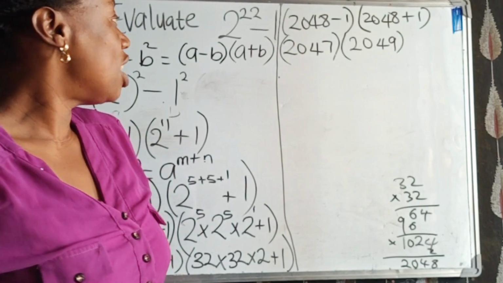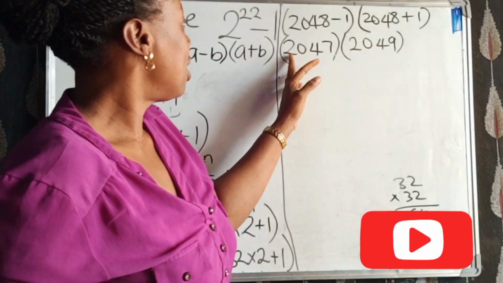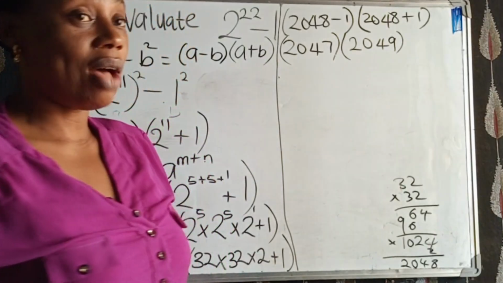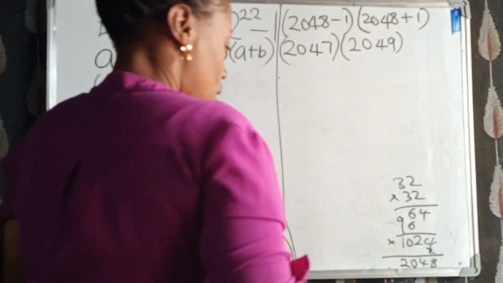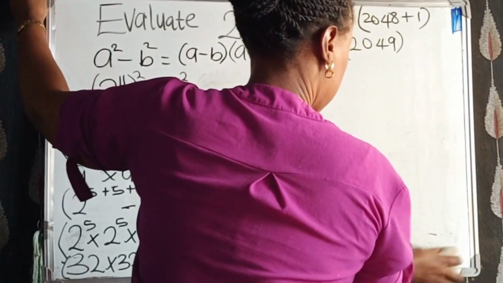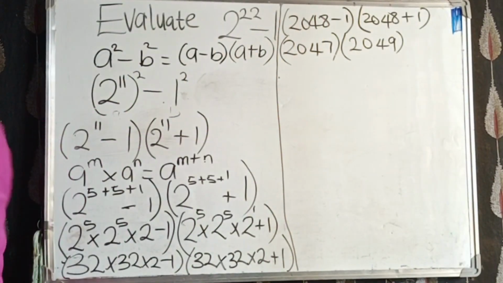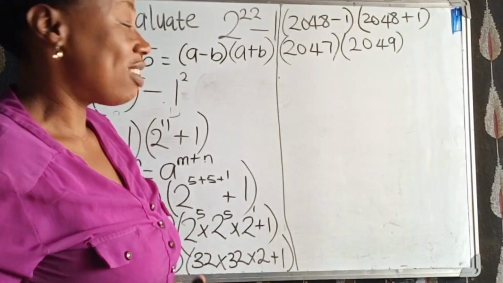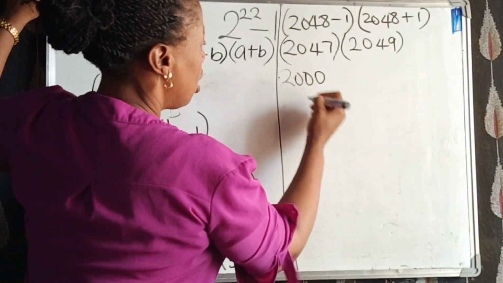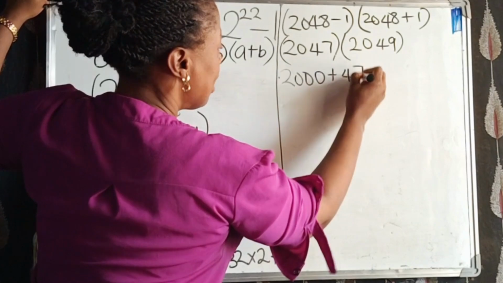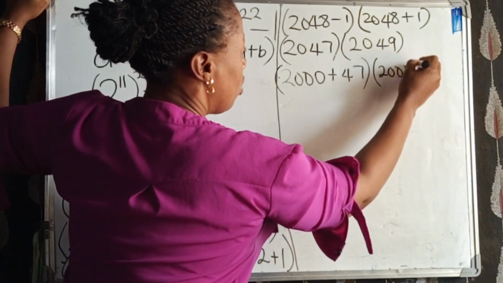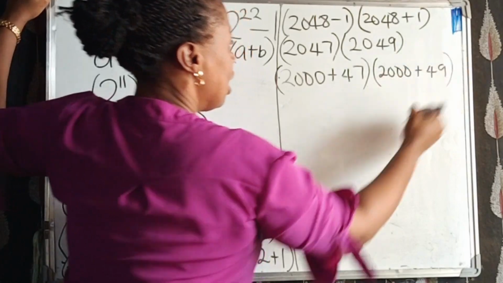The first thing is to write these numbers out in thousands. So let's express this number in this form. It's going to be (2000 plus 47)(2000 plus 49).